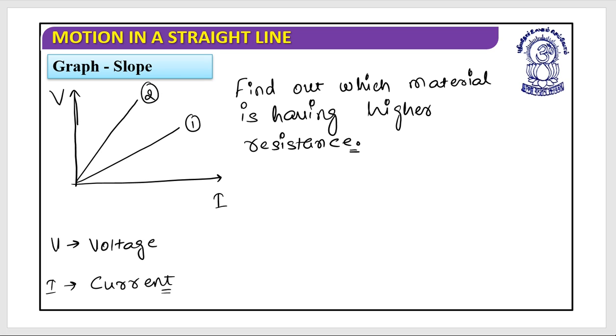Before finding the resistance, what should be done in the back of the mind? I must relate V, I and resistance. Do I have any corresponding relation among these three? Yes, V must be equal to I into R. So R must be equal to V by I. This is the rough work of my mind.